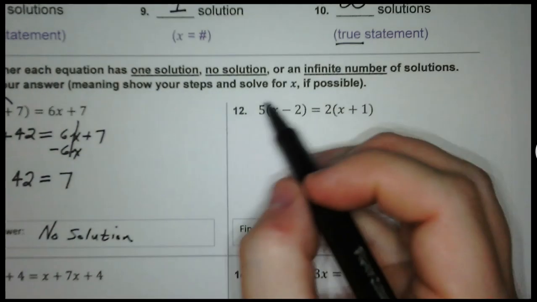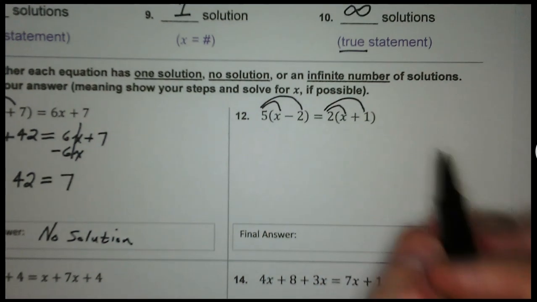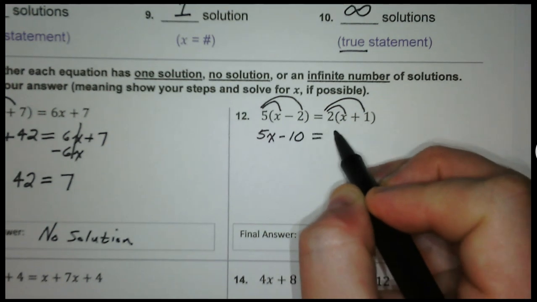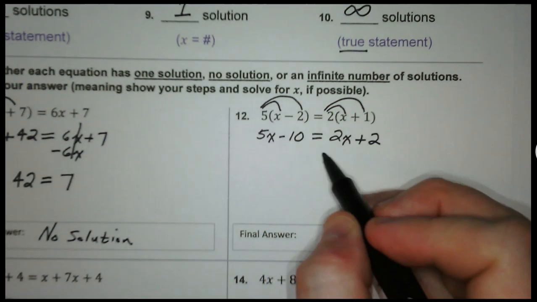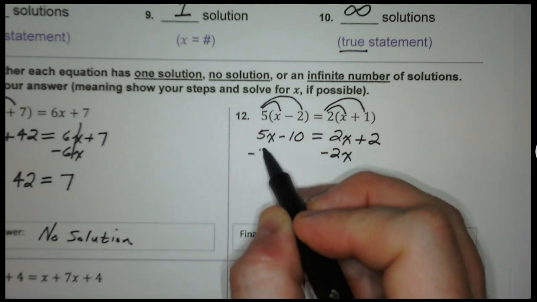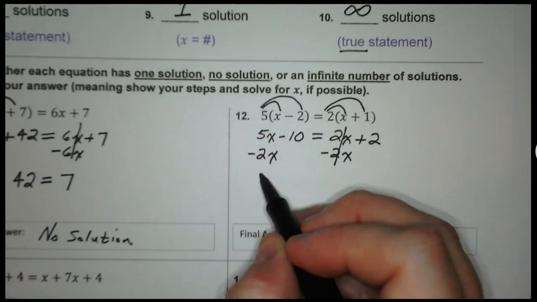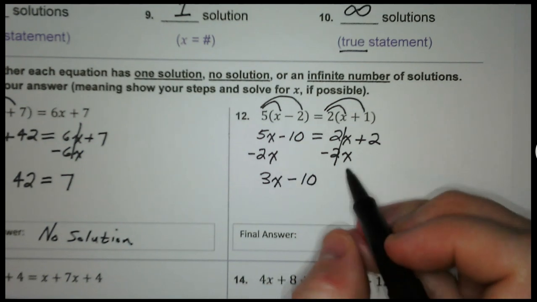Over here, when we distribute, and it looks like we got to distribute on both sides, we get 5x minus 10 over here and 2x plus 2 over here. And now when we proceed to solve this, this time the x's didn't go away entirely. I end up with a 3x over here with the minus 10.